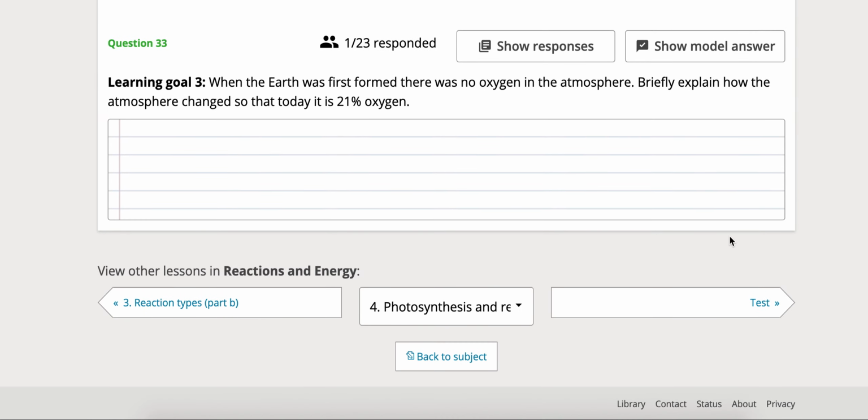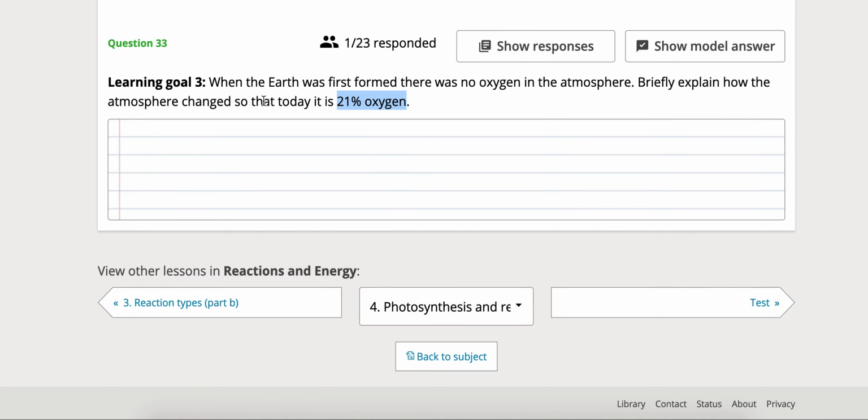And lastly, with question 33, when the Earth was first formed, there was no oxygen in the atmosphere. Briefly explain how the atmosphere changed so that today our atmosphere contains approximately 21% oxygen.